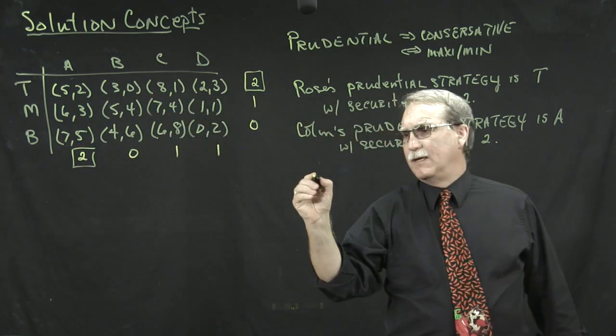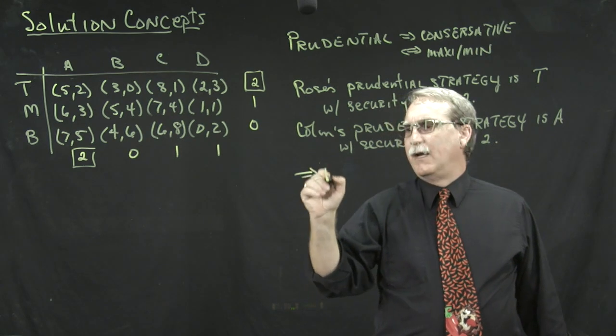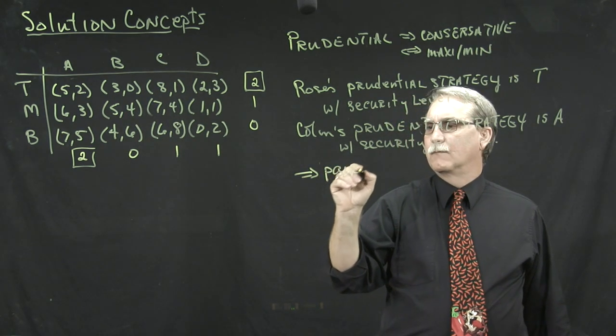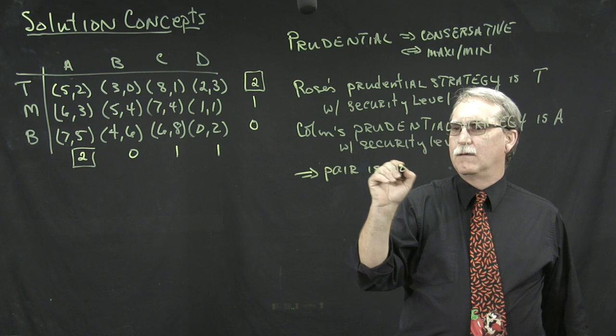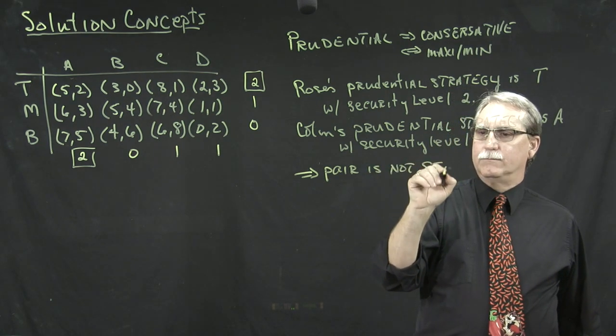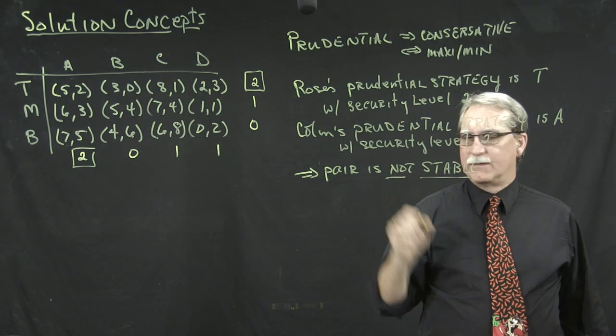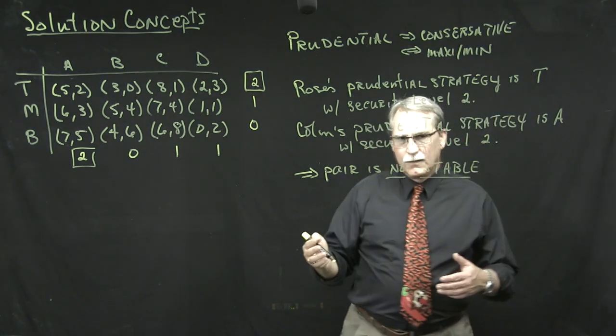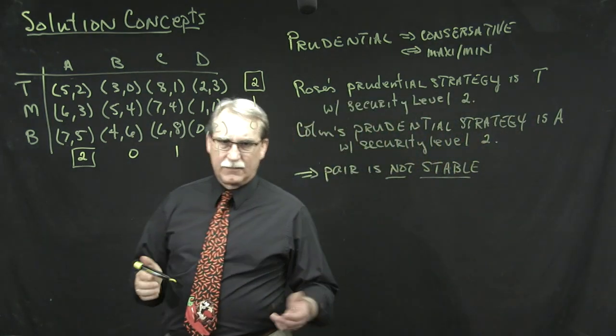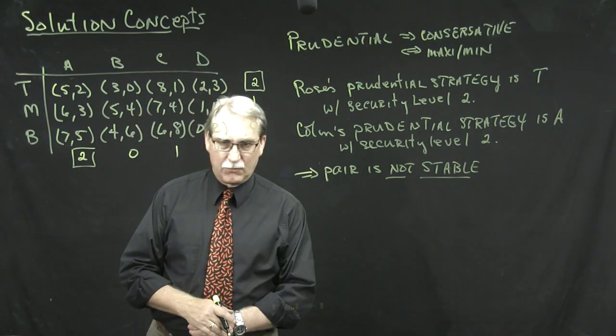So what we're seeing is this pair is not stable, in the sense that each of the players regrets their choices or second guesses their choice of a strategy.